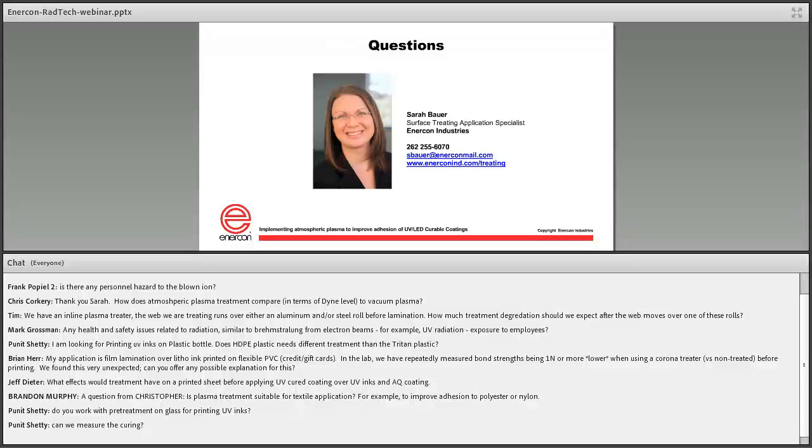A couple of things could be going on, and it probably requires a little more in-depth look. I've had the question before where bond strength actually decreases with treatment. With flexible PVC, this might be what's going on. One of the things you're doing when treating is cleaning the substrate.